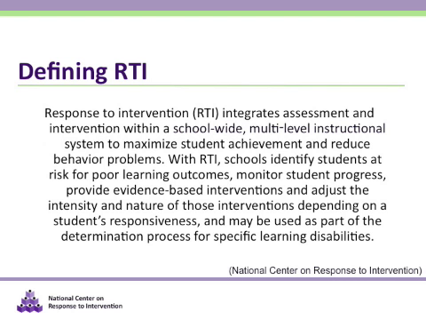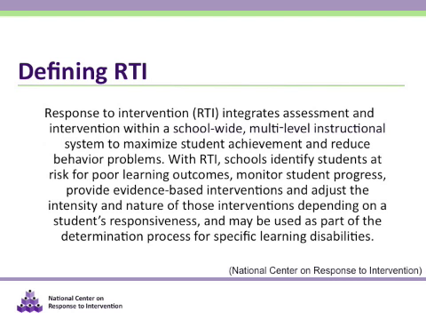The second part of the definition highlights the essential components of an RTI framework. The first component involves schools identifying students at risk for poor learning outcomes. We refer to this process as universal screening. The next component involves monitoring student progress. The third component referenced relates to providing evidence-based interventions based on students' responsiveness.